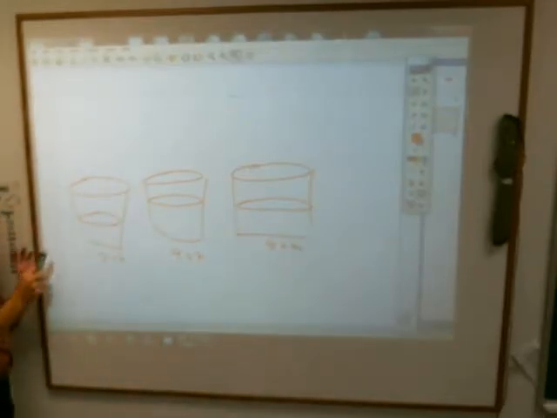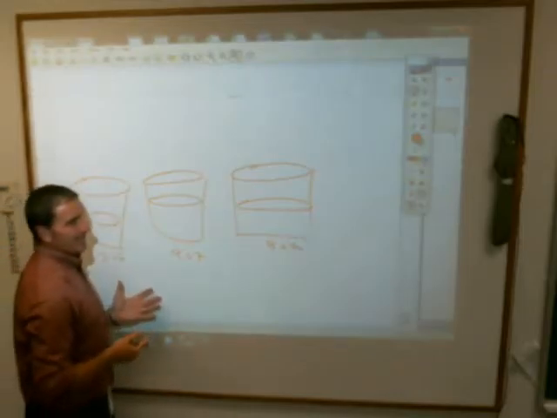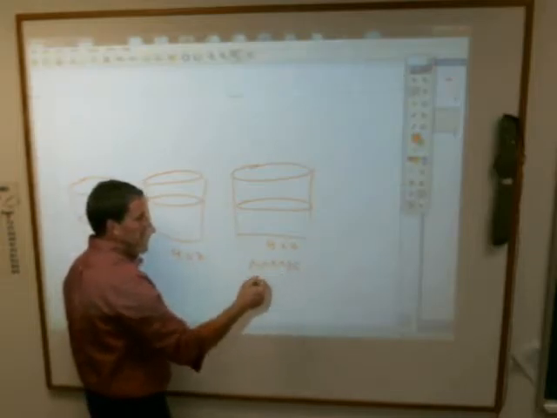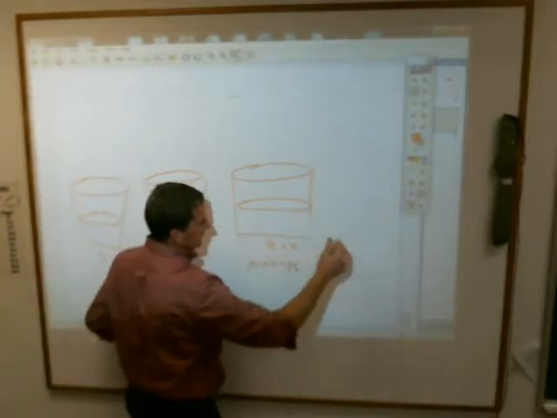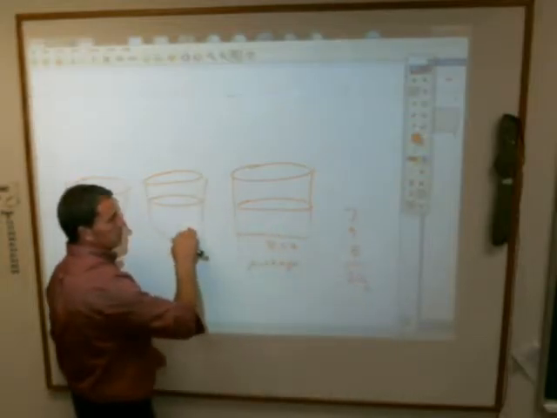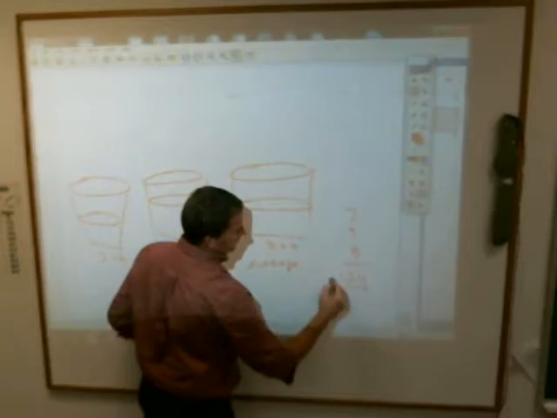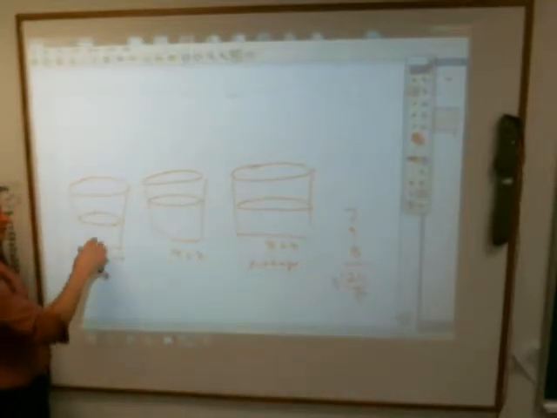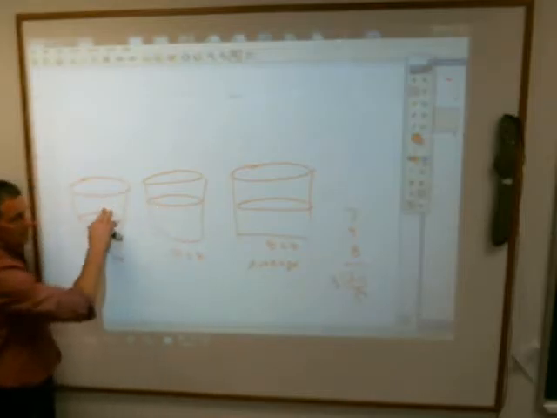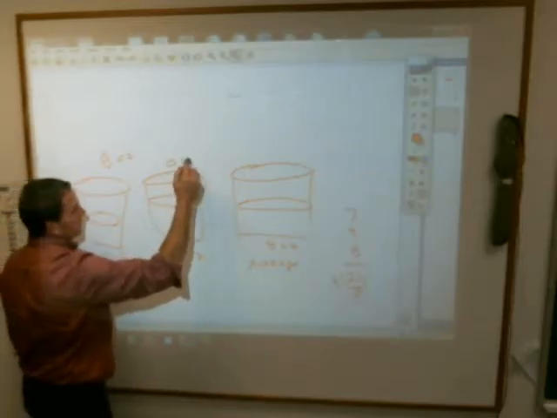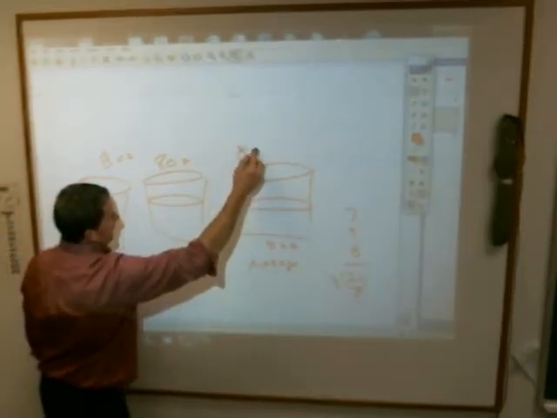If you were to pour the liquid so that you had an equal amount in each one, that's the same thing as its average. You would find it the same way. 7 plus 9 plus 8 is 24. What's 24 divided by 3? 8. So you'd put 8 ounces in every glass. You'd add one to this one, take one away from that, and each glass could end up with 8 ounces, and you would have the same amount of liquid.